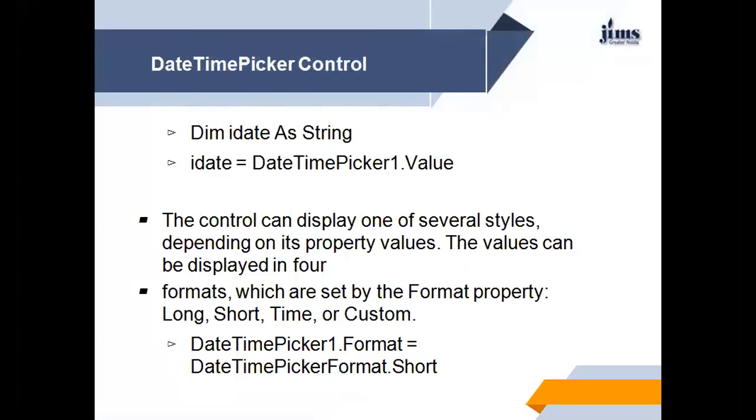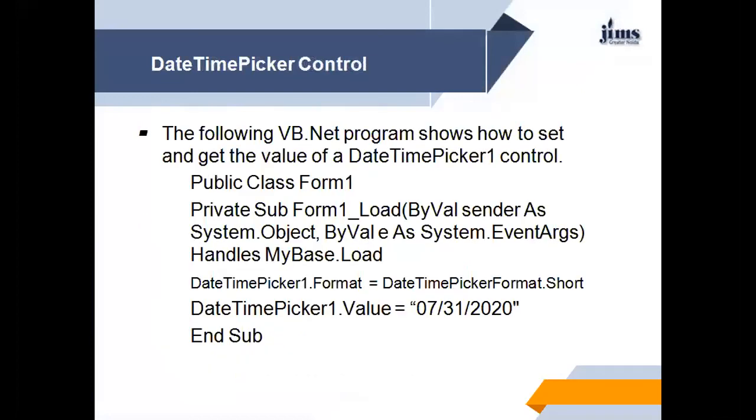The following VB.NET program shows how to set and get the value of a DateTimePicker1 control. Here we will take one program: Public Class Form1, Private Sub Form1_Load. At the time of load, DateTimePicker1.Format = DateTimePickerFormat.Short. DateTimePicker1.Value, here we will set the value.